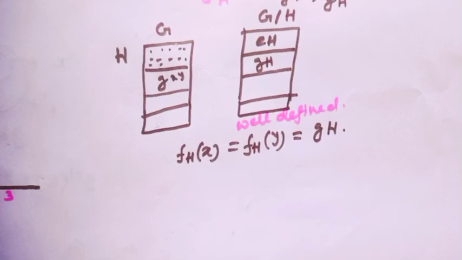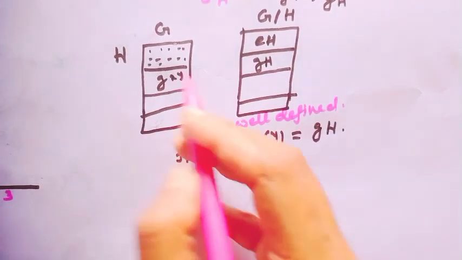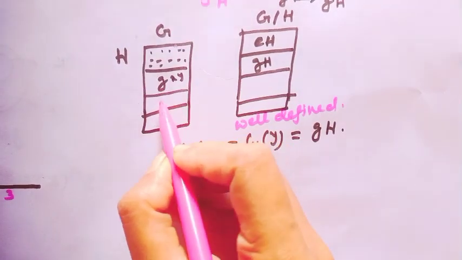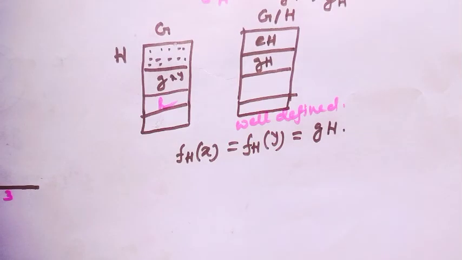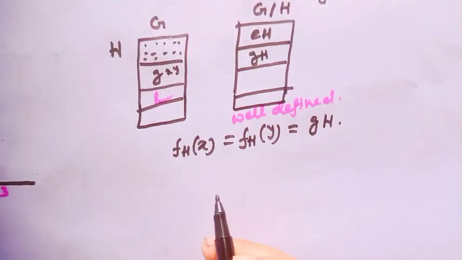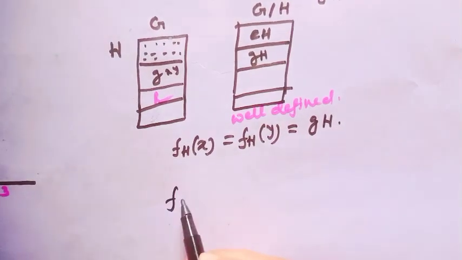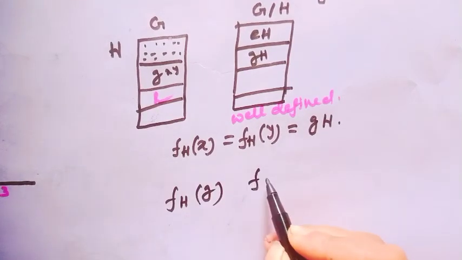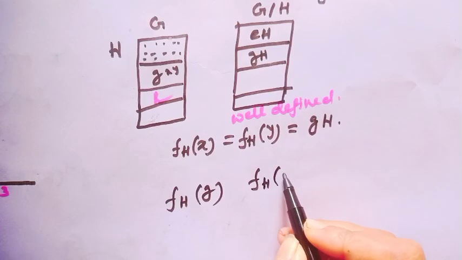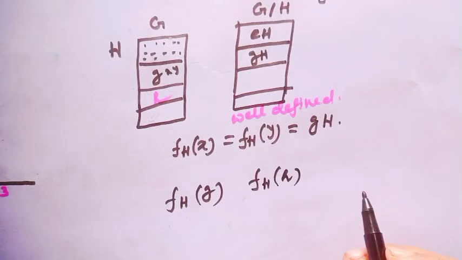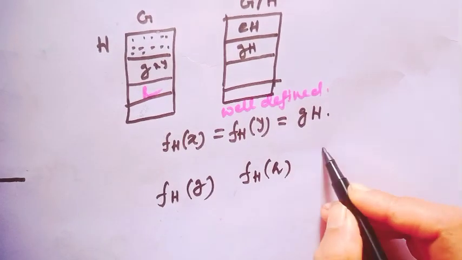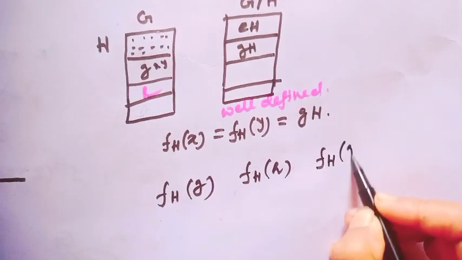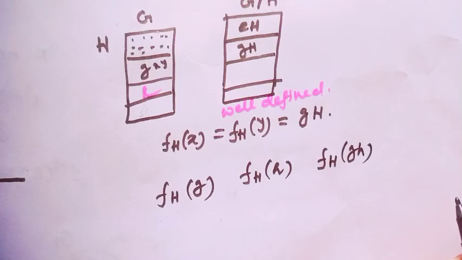Let's see. Consider two elements small g and small h from the group. Now apply f on g and f on the element h, and by the property of a homomorphism, this would be similar to f applied on gh. Why is this equal?